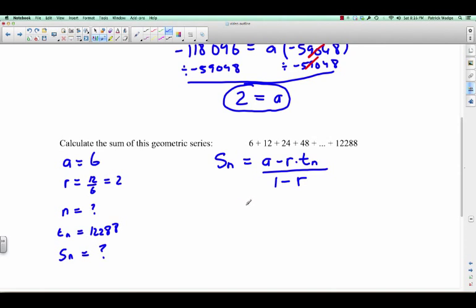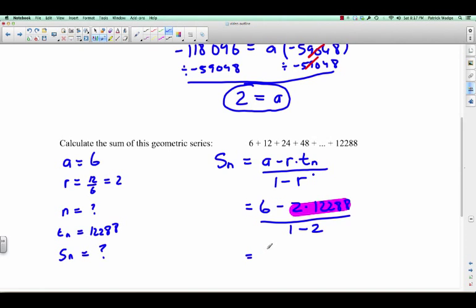We don't know S sub n, that's what we're figuring out, but we do know 6 for a, we do know that r is 2, and we know that Tn is 12,288, and we're going to divide it all by 1 take away r, which is 2. Again, you must do this before you do the subtraction step.